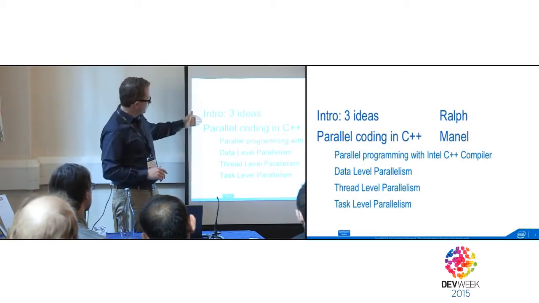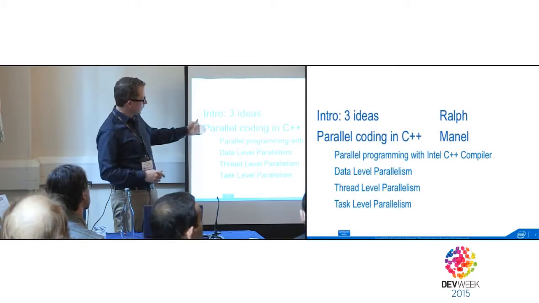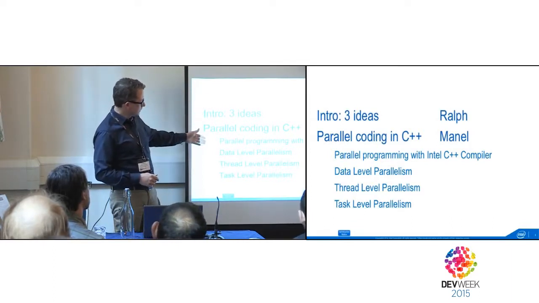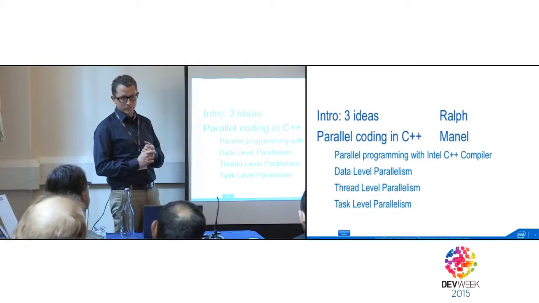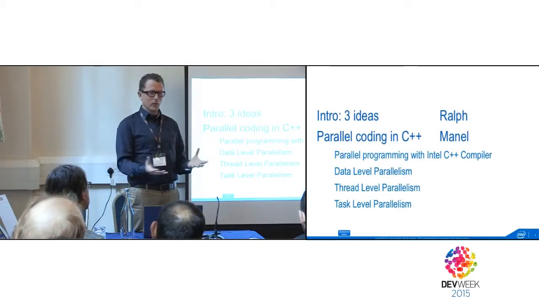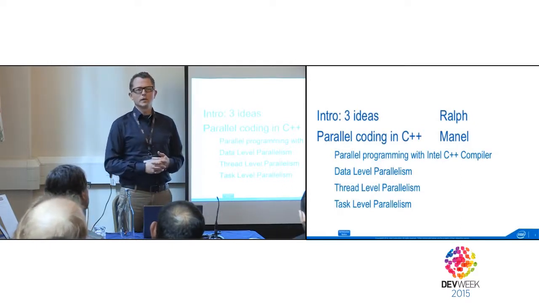And then Manel is going to go into deep with parallel coding in C++. We'll look at parallel programming models, data level parallelism, thread level parallelism, and task level parallelism. So we're going to give you a well-shaped roundup about parallel coding with C++.